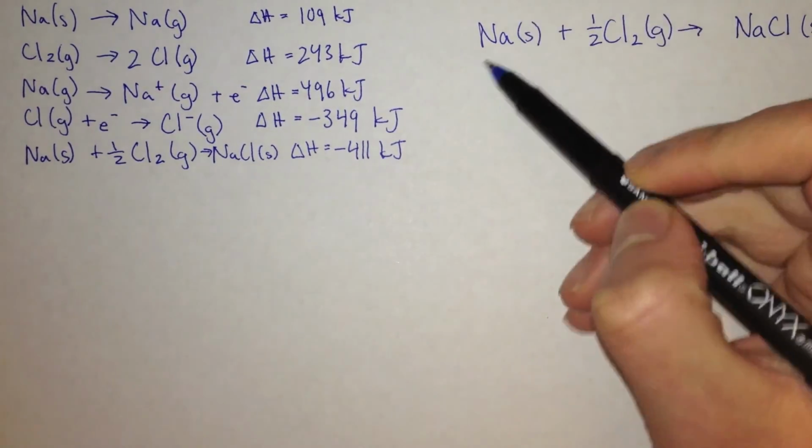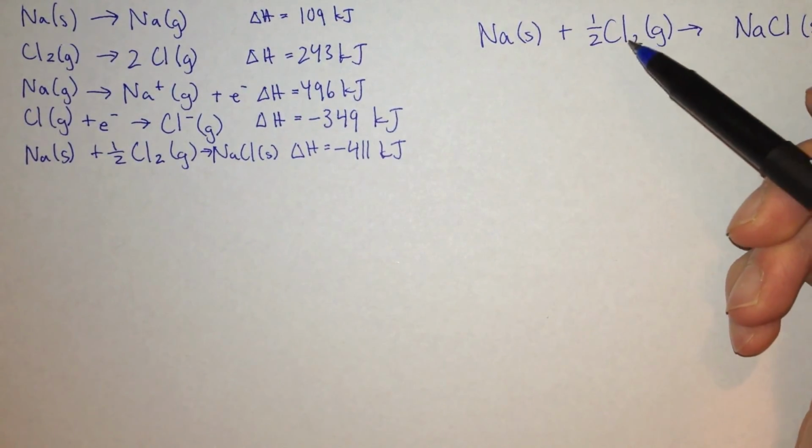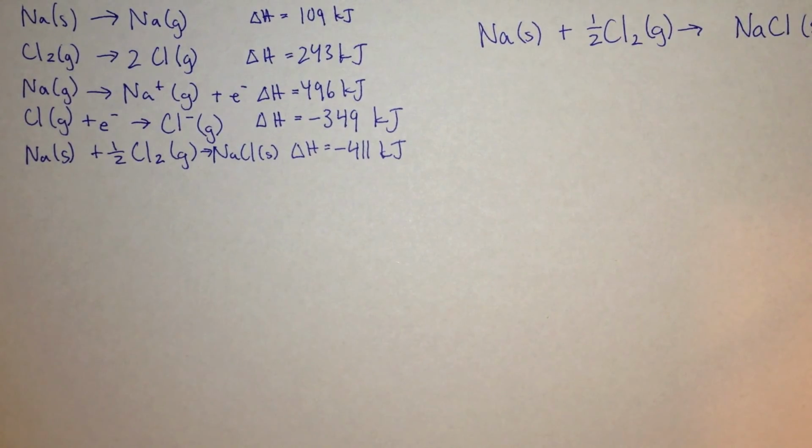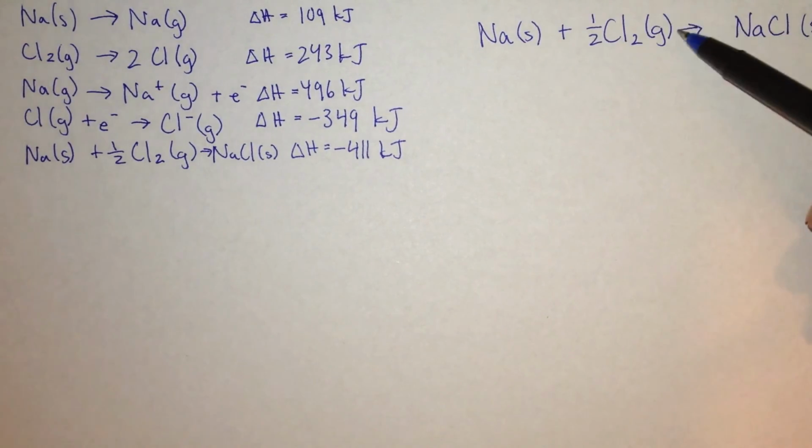In order for sodium and chlorine to react, we have to first make them both into gases and take one electron away from sodium and give it to chlorine.